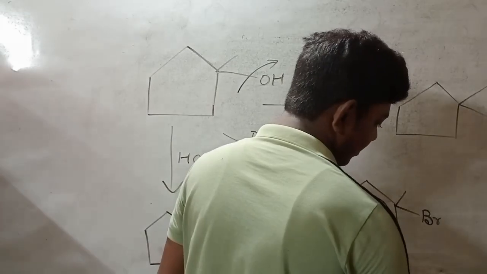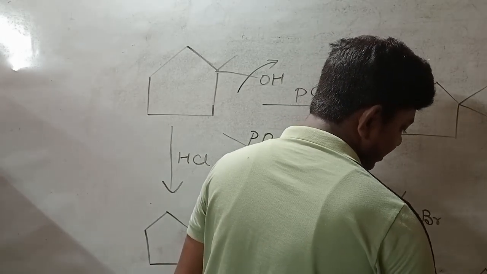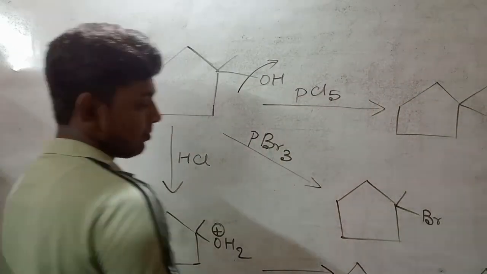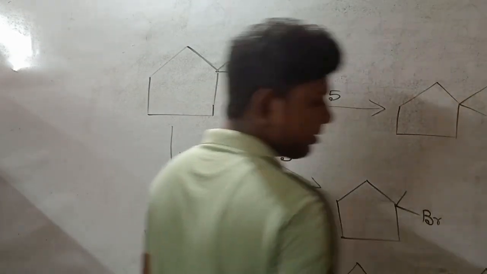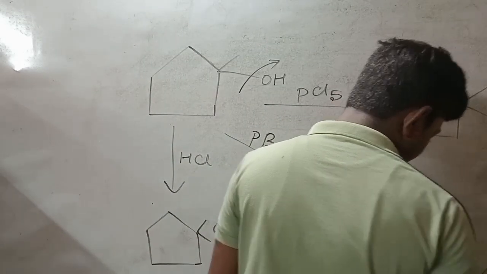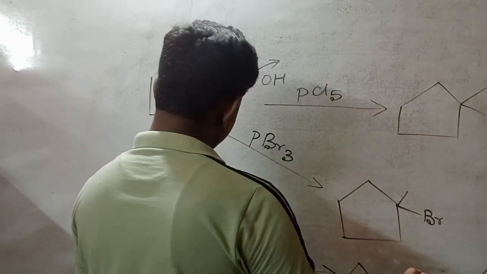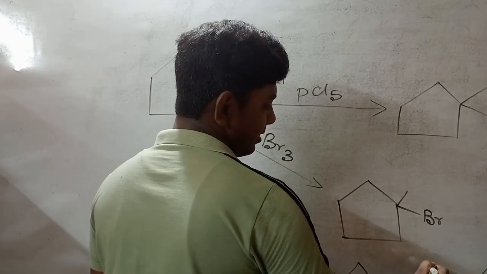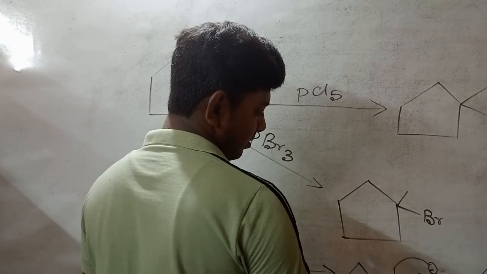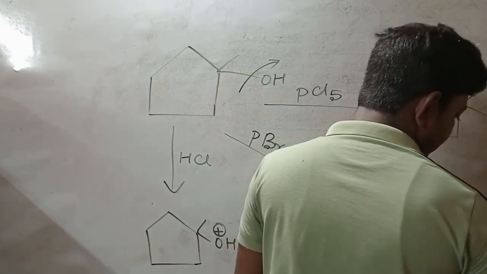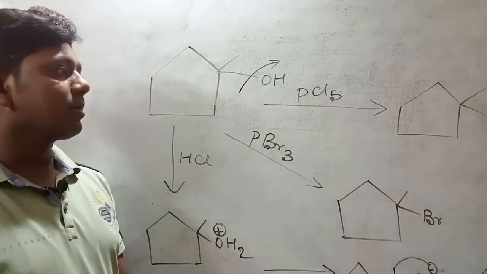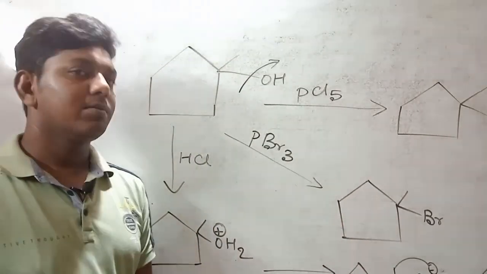So your final product is formed when the chlorine negative charge attacks the positive charge of the carbon atom. So this is the final product of this compound. Thank you for watching.